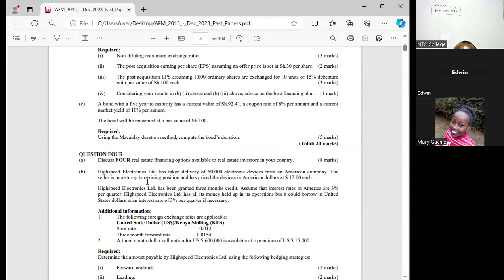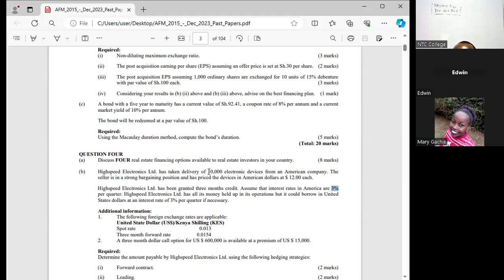The goods have been priced in dollars. That is $600,000. High Speed has been granted 3-month credit and has to pay after 3 months. Assume that the interest rate of America is this one per quarter.